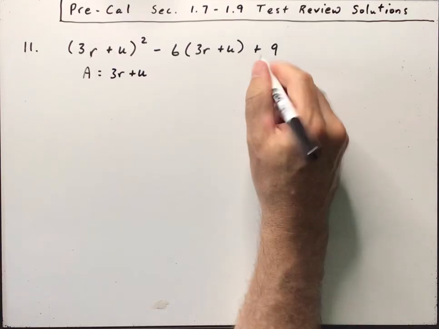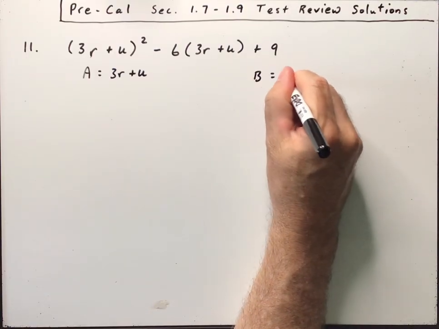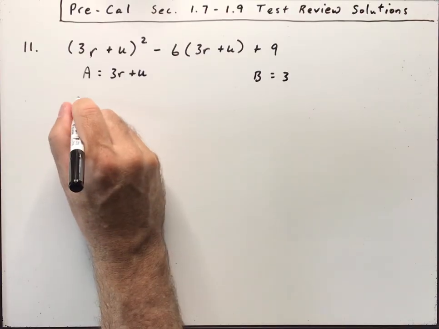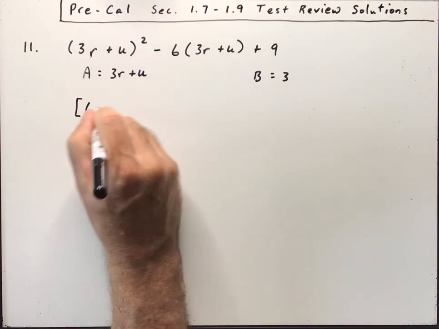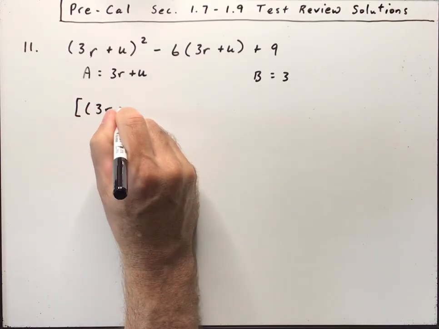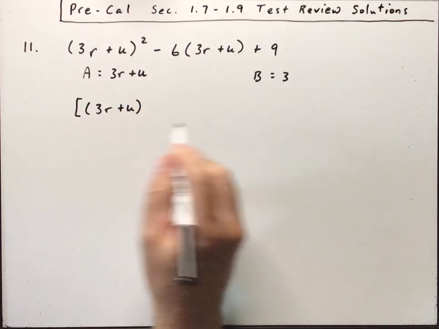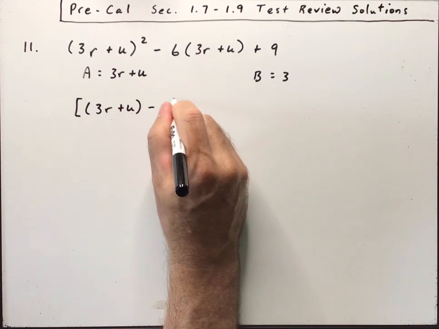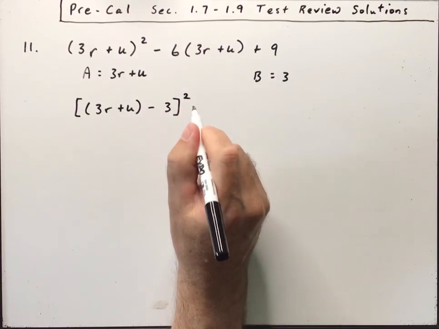And then 9 is a perfect square, so b is 3. And there's a minus here. So this would factor into, I'm going to use a bracket here, the quantity 3r plus u, minus 3, and then all squared.